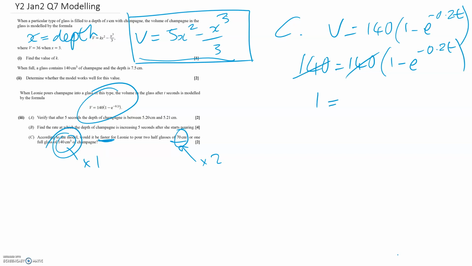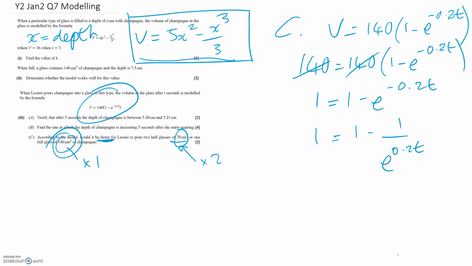If it was 140 here, these would cancel, so we get 1 equals 1 minus e to the minus 0.2t. Now that means that, let's just put this over this, so 0.2t.